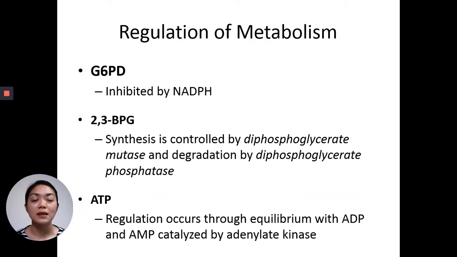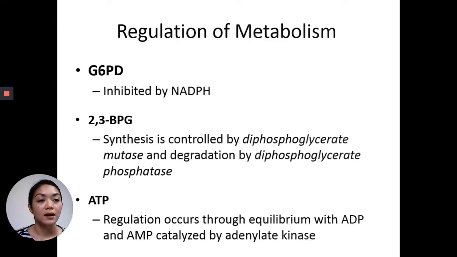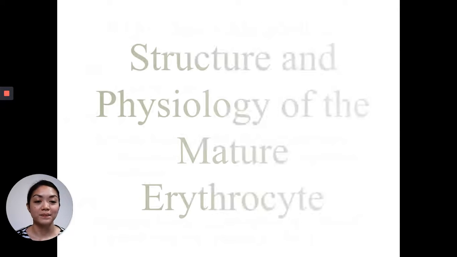Synthesis is controlled by BPG mutase and degradation by BPG phosphatase. And ATP again is regulated in equilibrium to the amounts of ADP and AMP. The most important enzyme needed for its regulation is adenylate kinase.